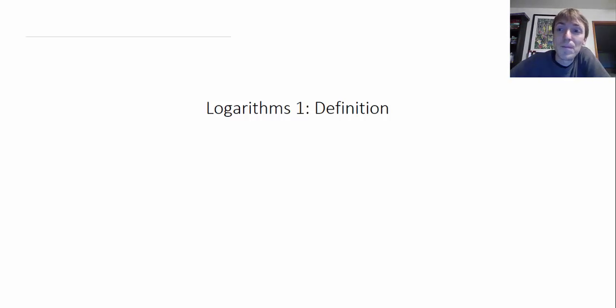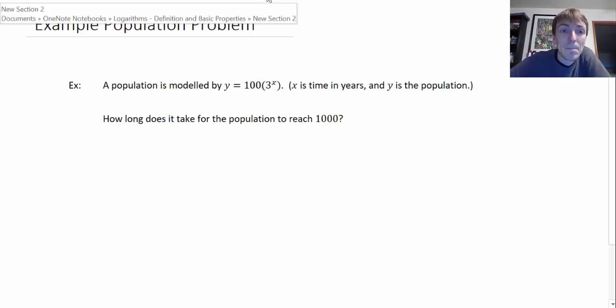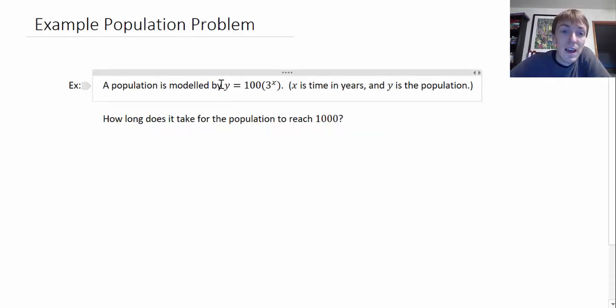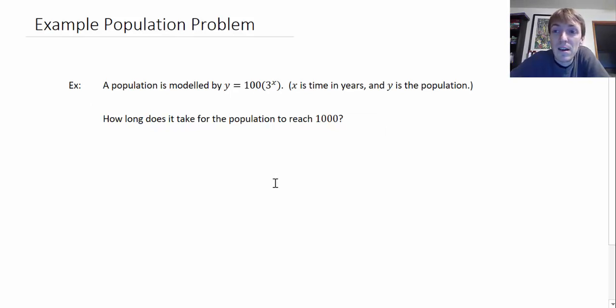Okay. So I have a population problem here, something that we could have asked in the last unit. We're modeling a population by an exponential function. In this case, y equals 100 times 3 to the x. As before, that 100 is like our initial value, our c, and the 3 is the base of the exponential function.